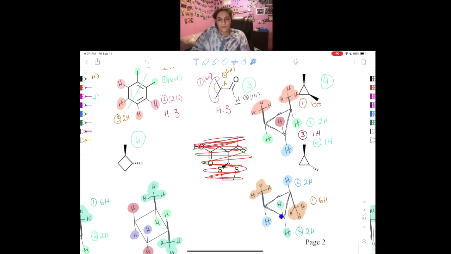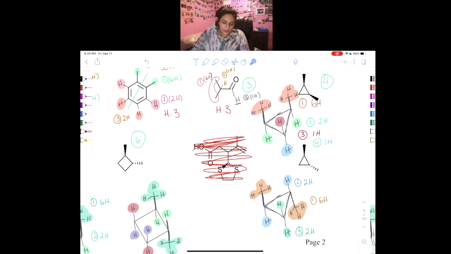Now the trick is here. Now the hydrogen pointing up and the hydrogen pointing down will actually be exactly the same. Even though they're pointing in opposite directions, the one on top sees a methyl and a hydrogen. The one on the bottom sees a methyl and a hydrogen.